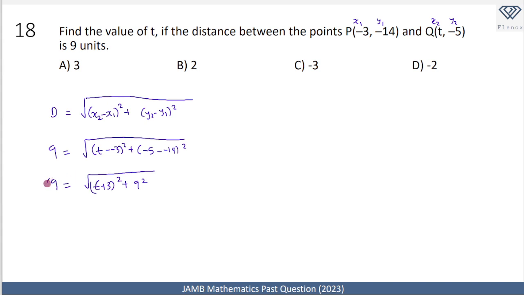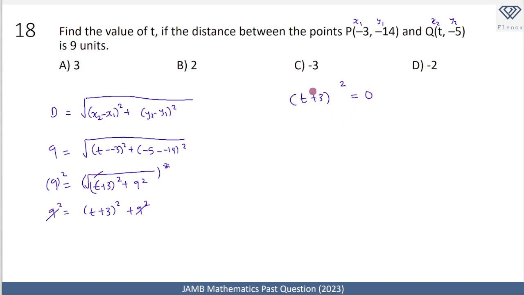So I can find the square of both sides, and the square on this side cancels out this square root. So 9 squared is equal to t plus 3 squared plus 9 squared. You can see 9 squared is on both sides, so they can cancel out. So I'm left with t plus 3 squared is equal to 0.